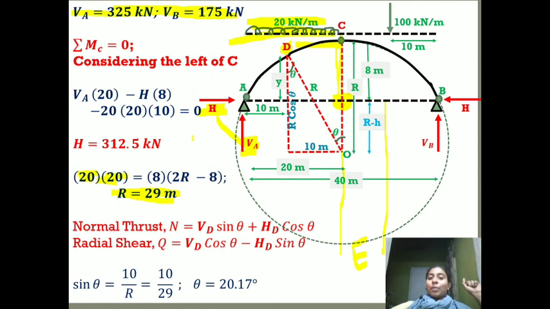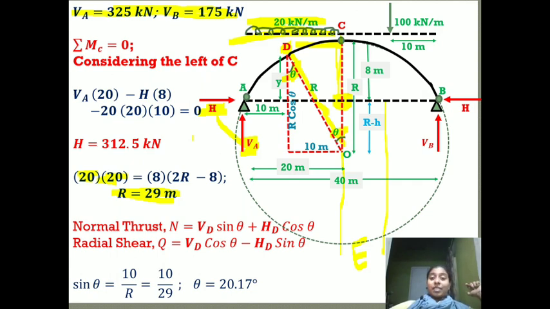From the point D, join the line towards O. This makes an angle of theta with the vertical. So automatically this angle is also equal to theta. By using Pythagoras theorem, we get sin theta is equal to 10 by r.